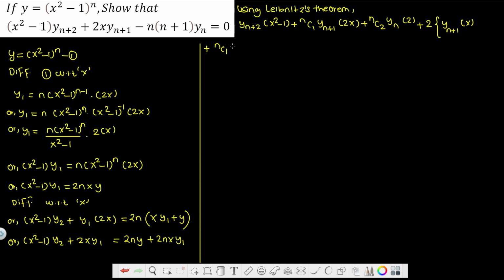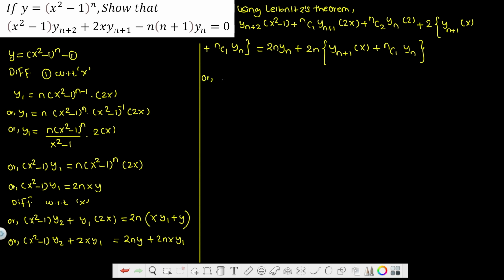Decrement n plus 1 by 1, we will get yn, and the derivative of x is 1, so we don't have to write 1, equals, we have 2ny, and the derivative of y is just yn, so 2n yn plus 2n. Now again, similar to this step here, write y n+1, keeping x as it is, plus write nC1 and decrement n+1 by 1. We will get yn, and the derivative of x will be 1, so we don't have to write 1 here.